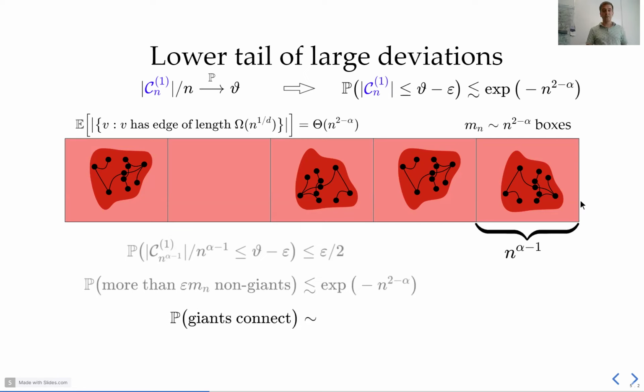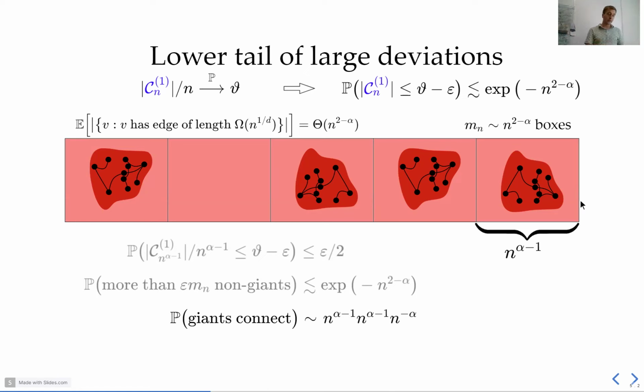Now let's do a small computation. What's the probability that 2 local giants in those boxes are connected by an edge? So both giants contain roughly n to the alpha minus 1 many vertices. So the total number of possible edges is n to the alpha minus 1 times n to the alpha minus 1. And since the distance between 2 vertices is at most m, we can use a lower bound for the connection probability of 2 vertices, which is n to the minus alpha.